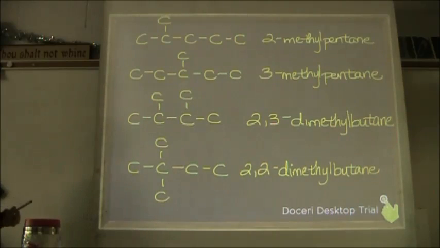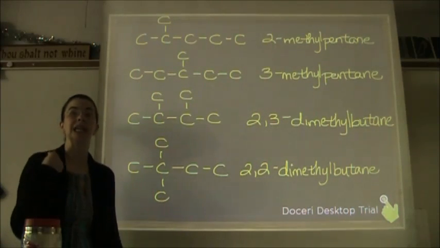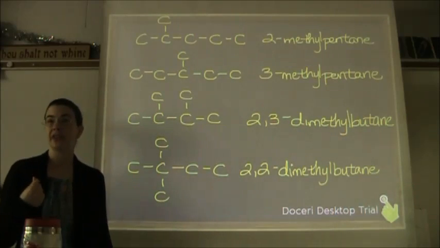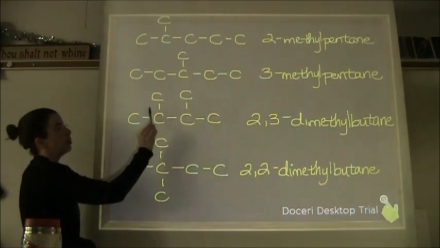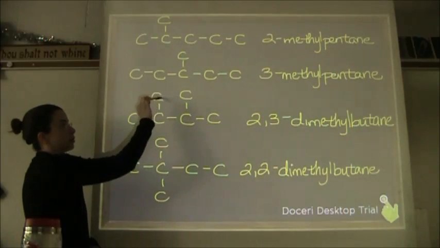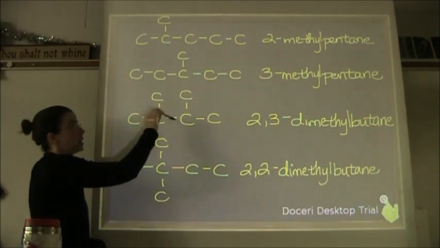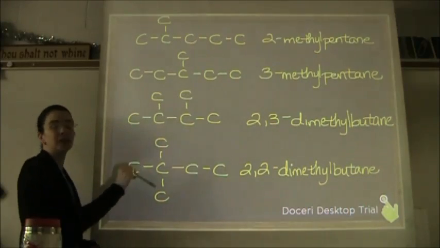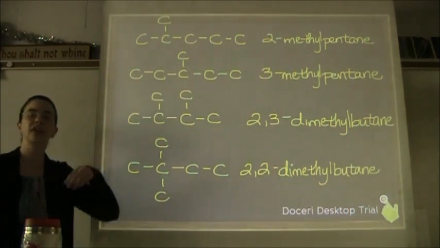Now, guys, one thing that I did see as I was walking around, and I'm really glad that a few people did this. For this one in particular, I saw a couple of people putting a single bond right there, creating shapes. It's not that molecules with carbon squares like that don't exist.